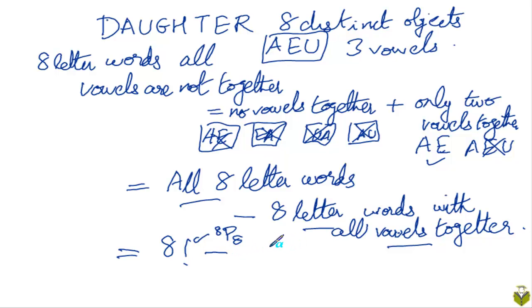We had solved this before, but you should solve it again and again to practice. So you will have 6 factorial multiplied by 3 factorial, right? Because you take 3 vowels as one object, so you have 6 objects, and 3 factorial is the arrangements of the vowels within each other. So this gives you an answer of 36,000.